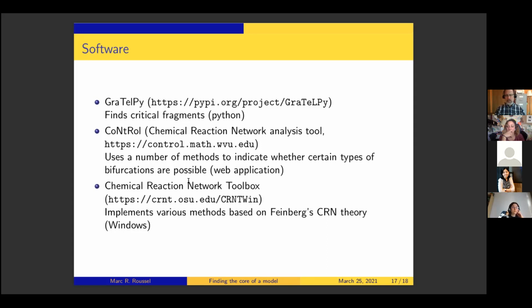There's an older piece of software, and to be honest, I've used both at various times just playing with them. I've never looked super hard at whether they do different things, but there is a Windows-based program that you can get from Martin Feinberg's website called the Chemical Reaction Network Toolbox. I know they overlap to some extent, but I don't know whether one of them does stuff that the other one doesn't.